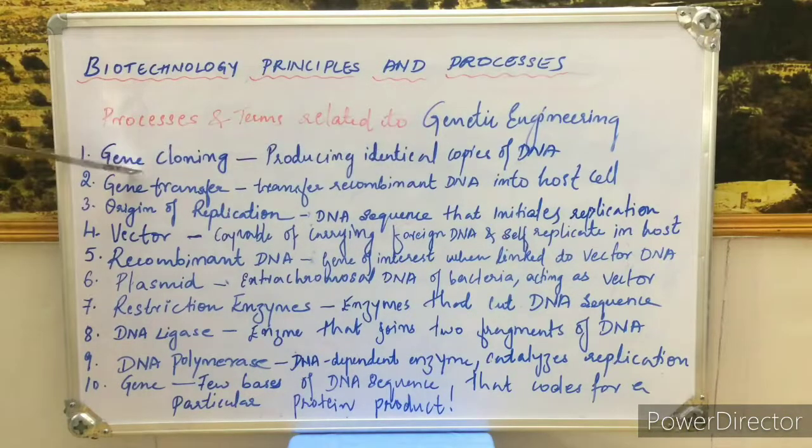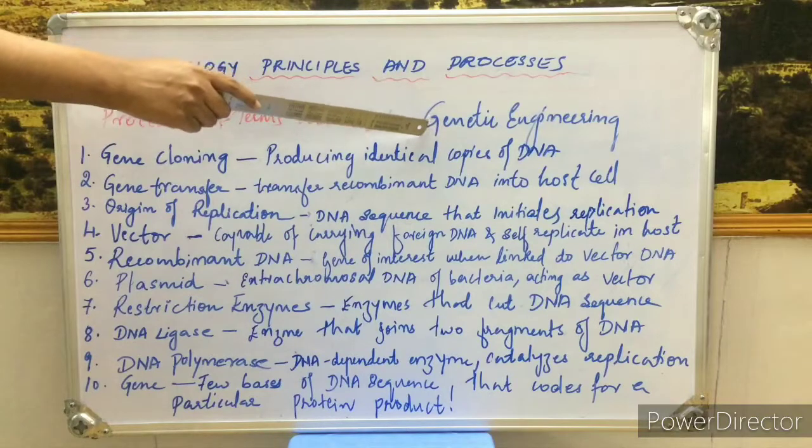So what is all about this genetic engineering? You are going to deal with the molecular basis, that is the genes, and genes are nothing but DNA sequences. So this gene cloning is a process. Now in genetic engineering, the main advantage is what?